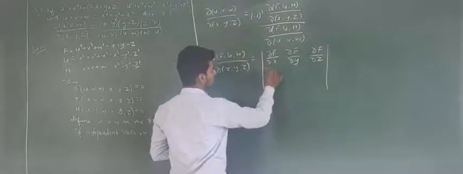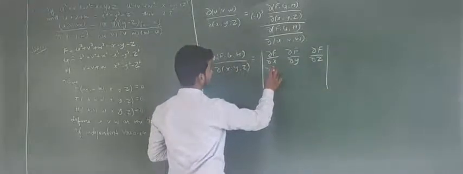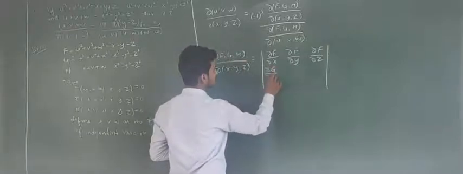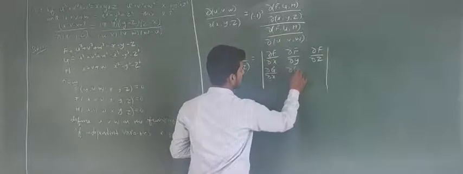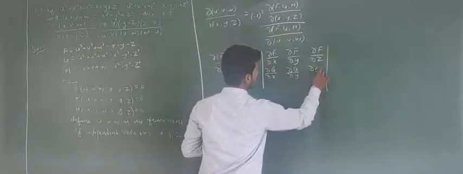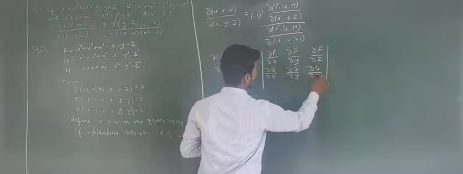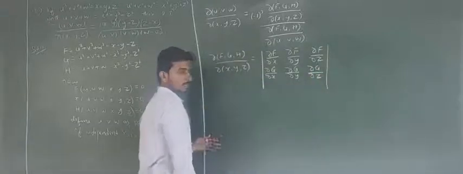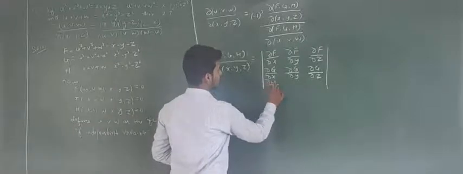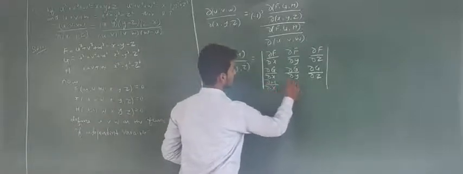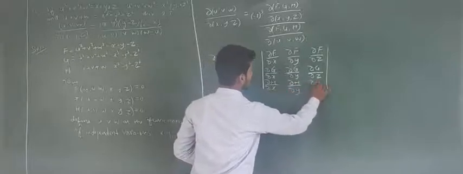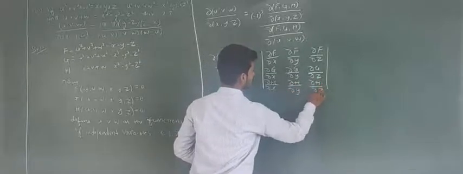Next, the function g: dou g by dou x, dou g by dou y and dou g by dou z. Next, the function h: dou h by dou x, dou h by dou y and dou h by dou z.